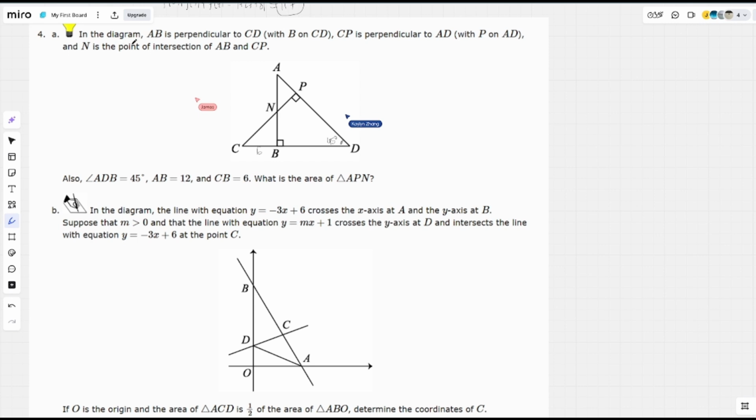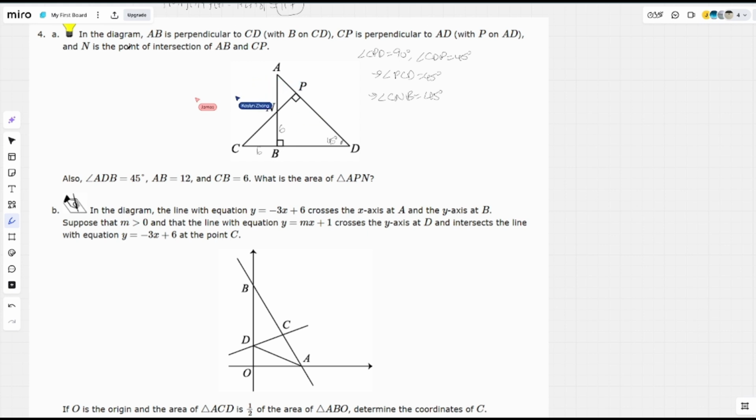So, given that angle CPD is equal to 90 degrees and angle CDP is equal to 45 degrees, you know that angle PCD is also equal to 45 degrees. And then given that, you know that angle CNB is also equal to 45 degrees. So that means that NB is equal to CB, which is 6.